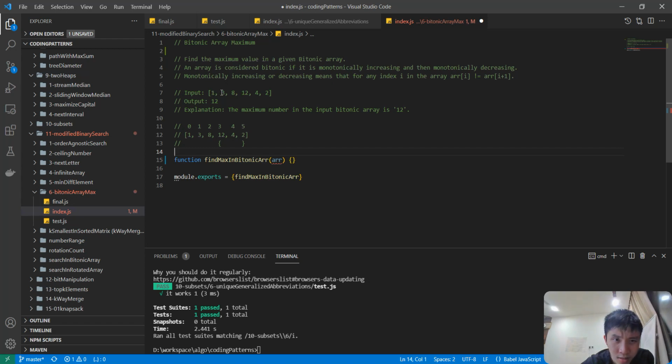As you can see, it is increasing until 12 and suddenly it starts decreasing since 12. So 12, 4, 2. So the maximum value is just the cross point between increasing and decreasing, right?